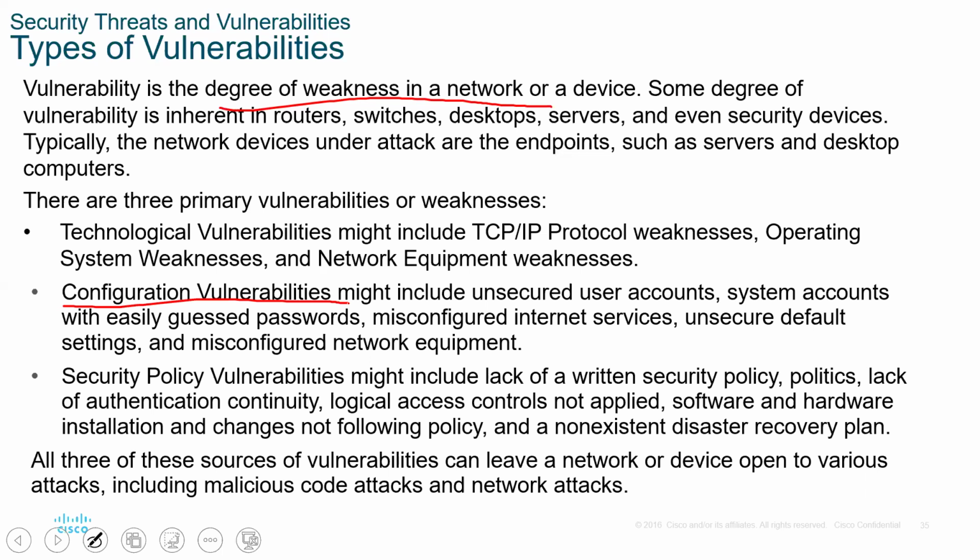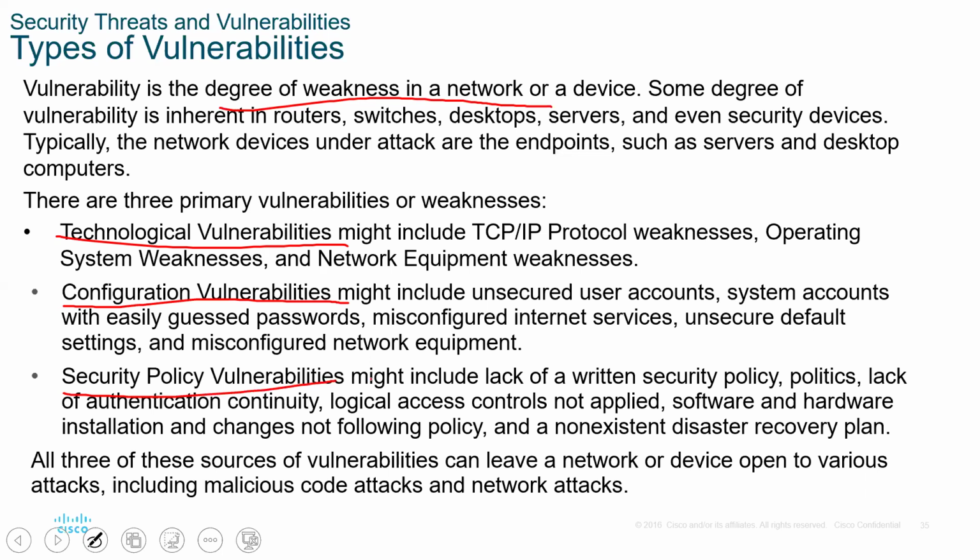This second vulnerability is attributed to the network administrator, the person that manages the network, the person that sets up the network. The first one, technological vulnerability, is mostly attributed to manufacturers or developers. The second one is attributed to network administrators.